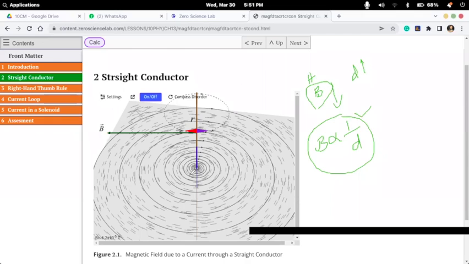One observation you can have from these concentric rings, right?